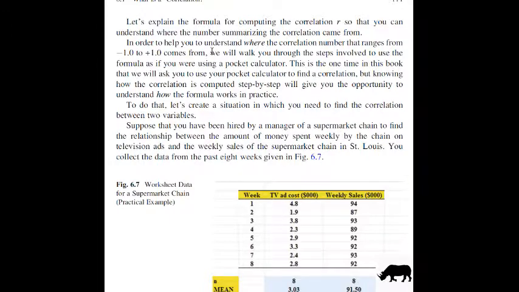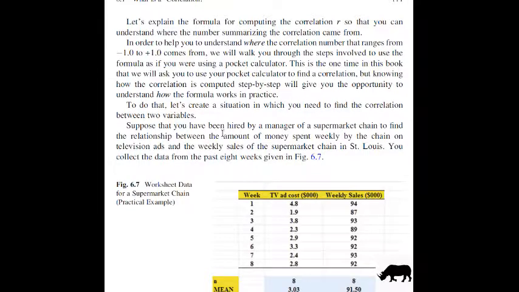We will walk you through the steps involved to use the formula as if you were using a pocket calculator. This is the one time in this book that we will ask you to use your pocket calculator to find a correlation. But knowing how the correlation is computed step by step will give you the opportunity to understand how the formula works in practice.